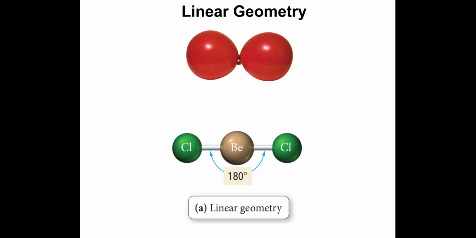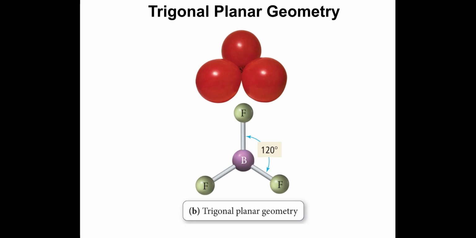And here you have your electron map. So you can see that the electrons are going to be on opposite sides of each other. Here's again a pictorial of a trigonal planar geometry. I showed you this just a moment ago. So here you have 3 fluorines bonded to your boron.